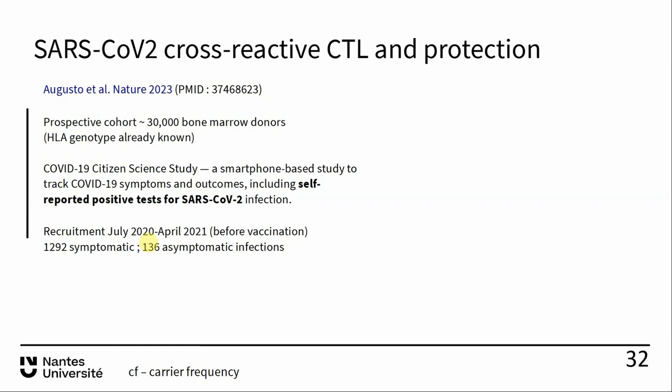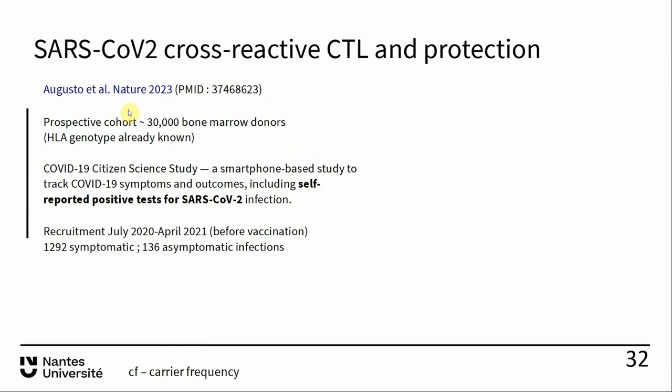But here there's a paper published by a group who were interested in testing whether some particular HLA genotypes might be associated with asymptomatic infection. Now, that's something that's not so easy to study, because the people who've got an asymptomatic infection are never going to go to the doctor, right? So how do you even recruit a cohort of this kind of patients?